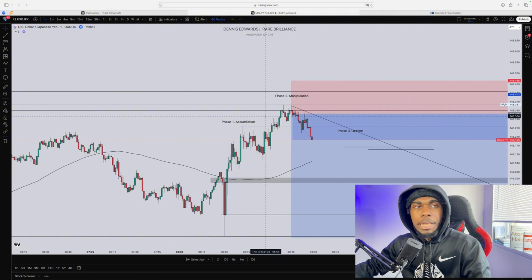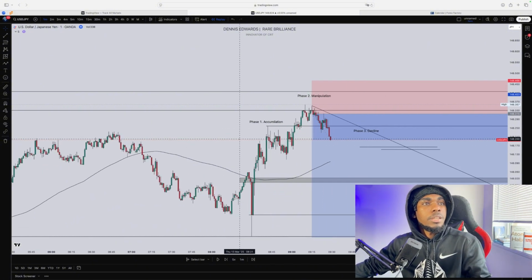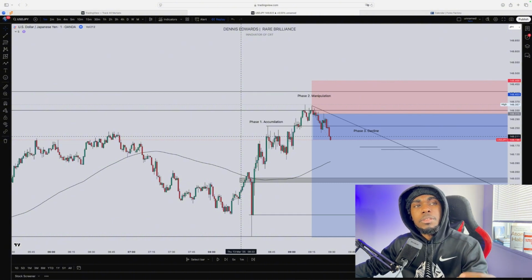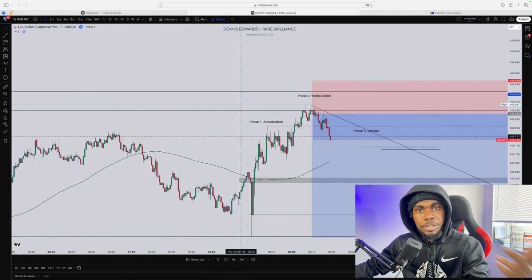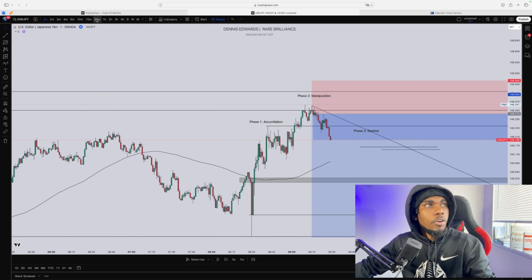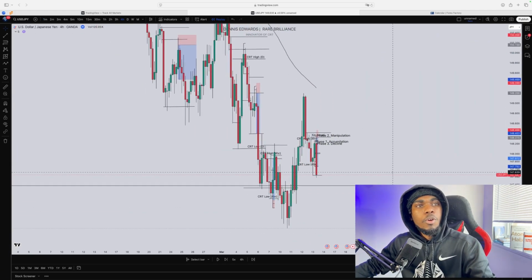It's not necessarily always based on just pure structure, because that's how you get lost in the sauce. This is understanding market structure, yes, but overall tying that in with price action and CRT, and understanding how candle range theory works and how the market has 3 phases: the distribution, manipulation, and in this case, the decline, because I understood that overall on the higher time frames, like here, we are overall very bearish.